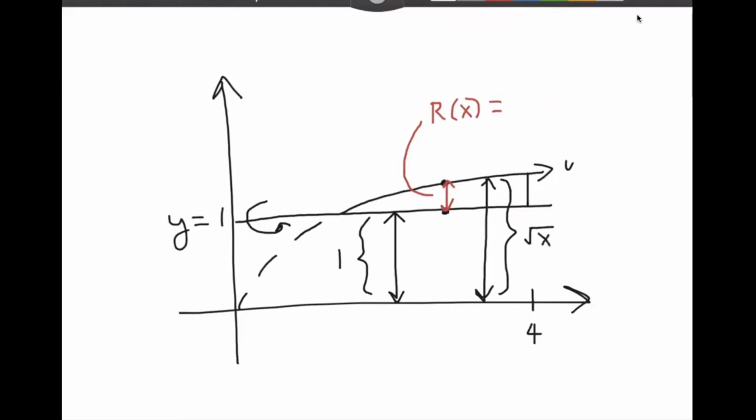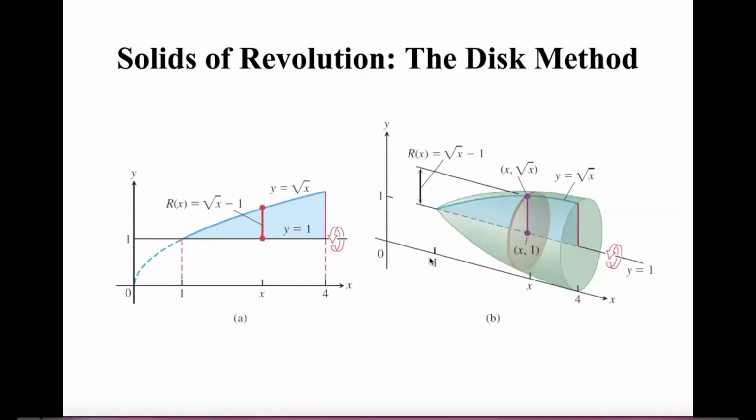Because this curve is y equals the square root of x. That means the length of the red line segment is just the difference between those two lengths, which would be the square root of x subtract 1. All right, and you can see what that solid looks like.